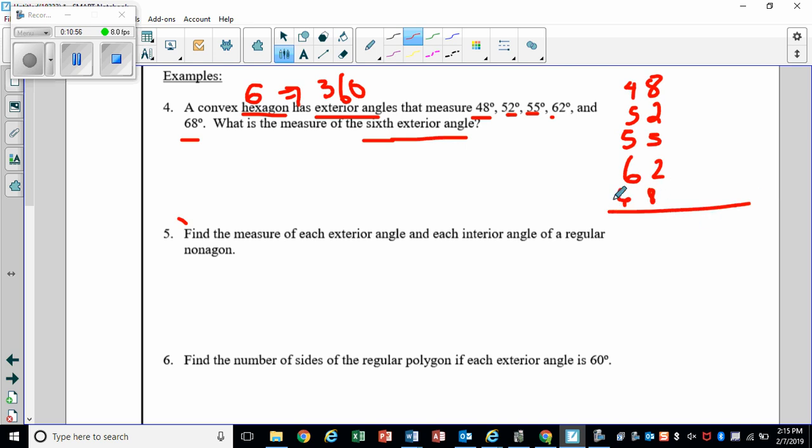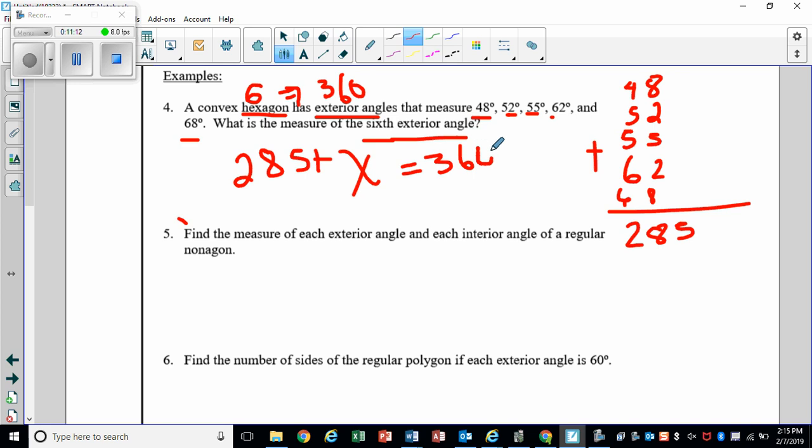When I add it up, this gives me 285. So 285 plus the 6th angle, which I don't know, should add up to 360. When you subtract, x would be 75 degrees. Okay, that's what we have to do.